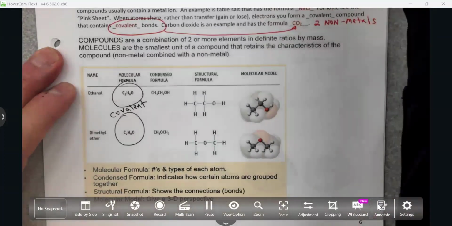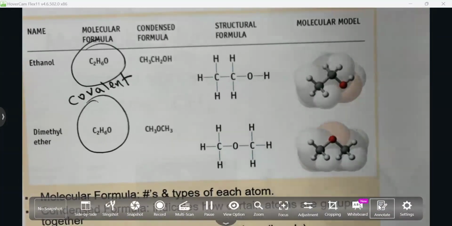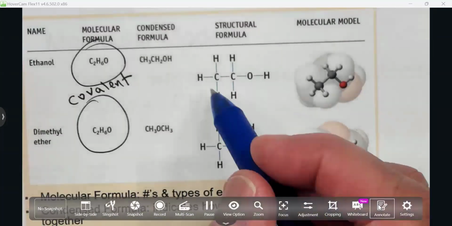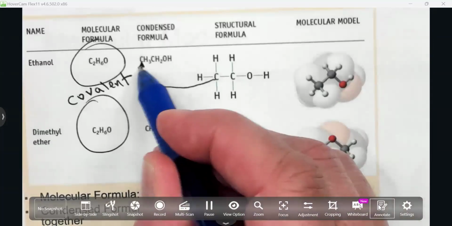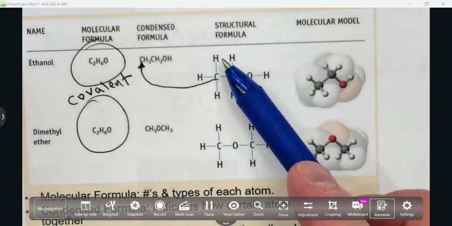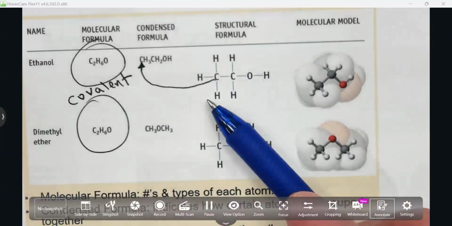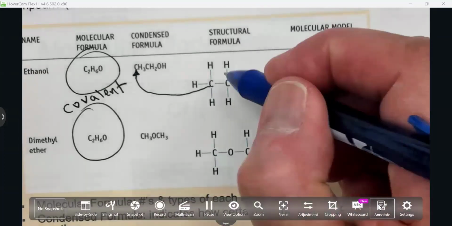Now, you'll have to do a little bit of putting these together. Here's my carbon with 3 hydrogens attached.